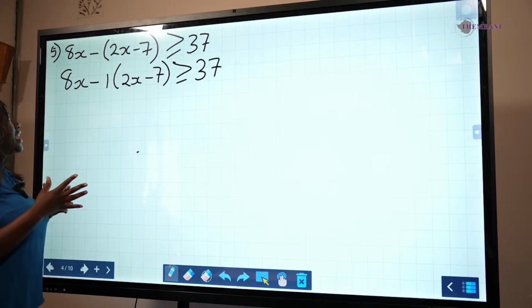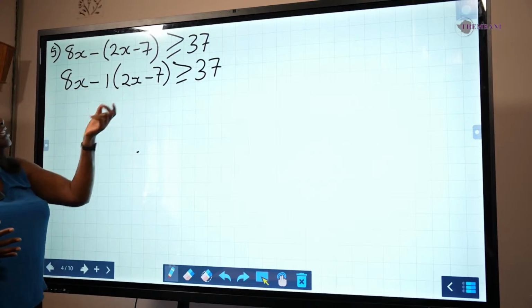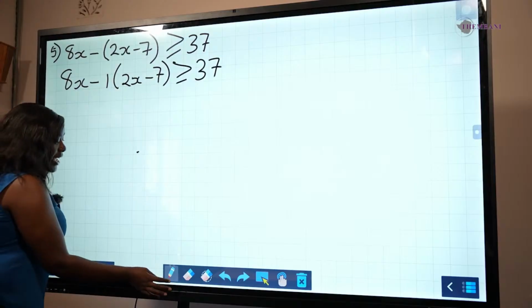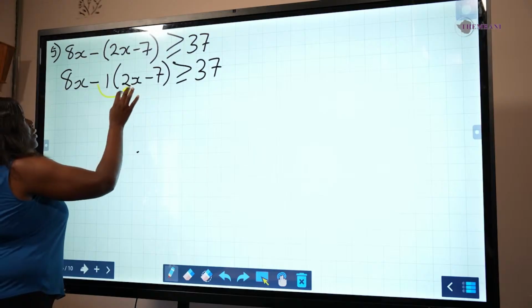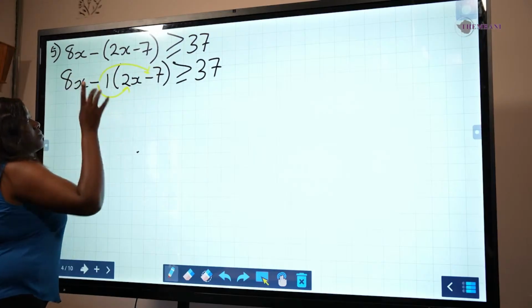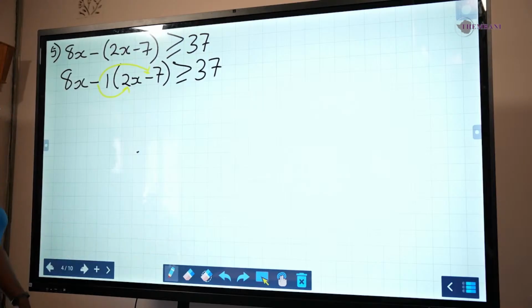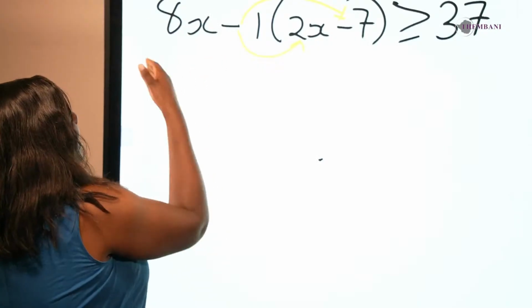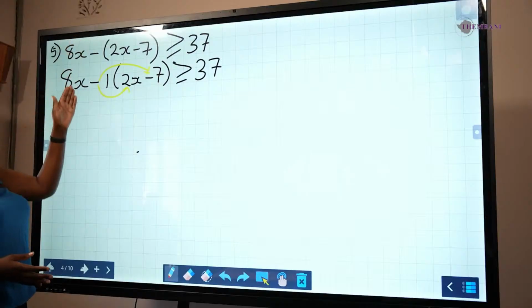So in this case, we are able now to multiply this -1 by everything in that bracket. As I have said, for you to remember, put these arrows so that you remember to multiply with everything in the bracket. You can use your pencils to do that. So this 8 is not multiplying anything because there's a negative sign in between.